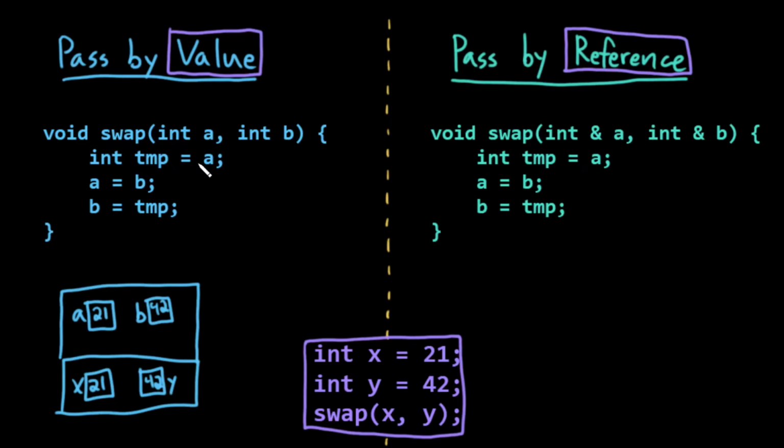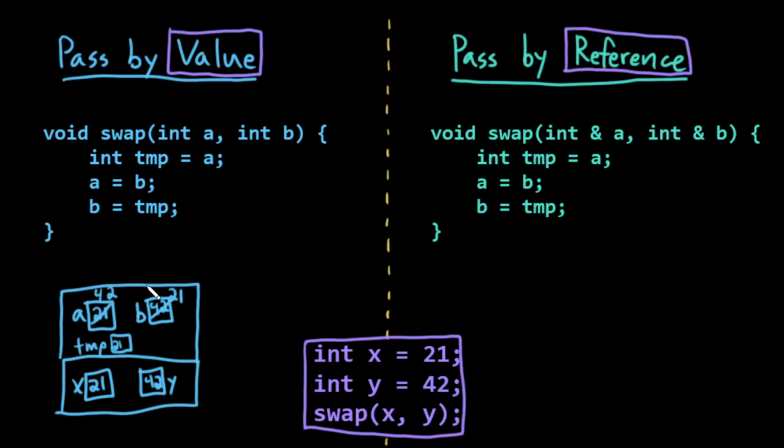And then within this function, I create a new variable temp that stores a copy of a, 21. Then a gets set to whatever b currently has. B has 42, so this becomes 42. And then b gets whatever temp currently has, which is 21, so this becomes 21.